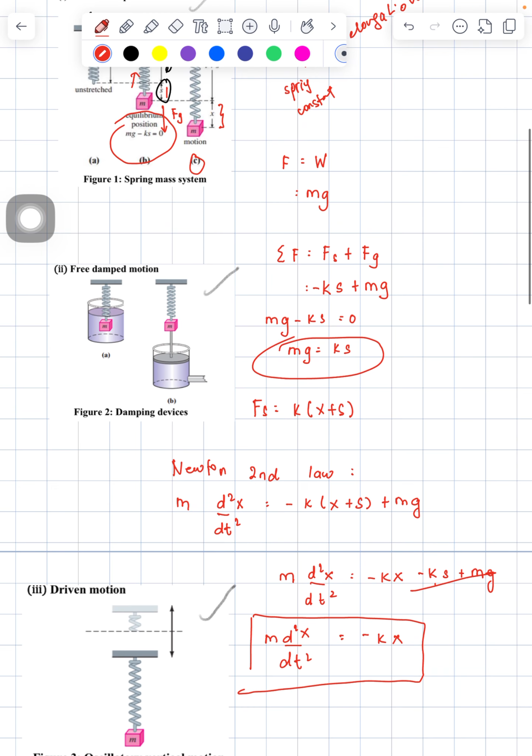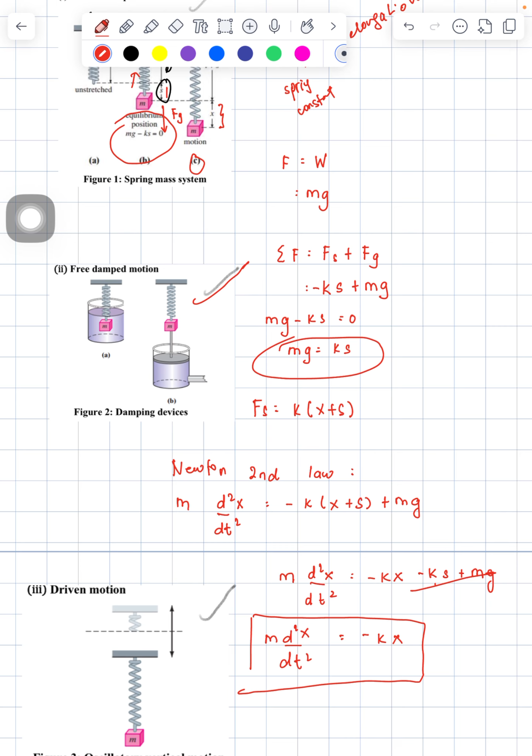The second one is free damped motion. For free damped motion, we have a damping device attached at the end of the spring.